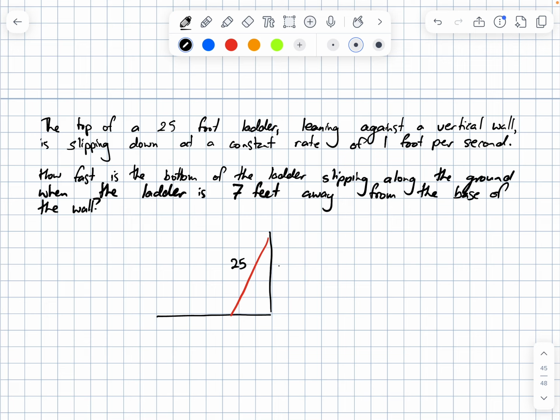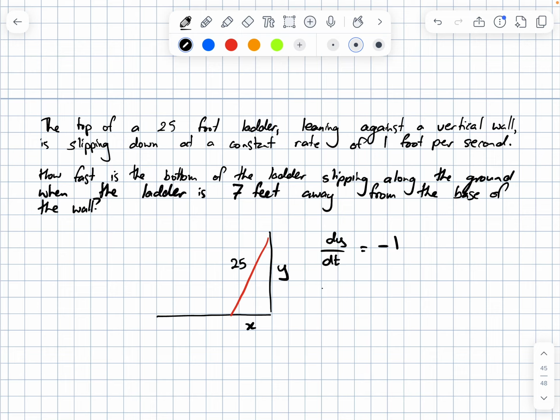And we don't know how tall it is, so let's just give that y because it's going up, and on the bottom x because it's going across. We're told that it's slipping down at a constant rate of 1 foot per second, i.e. y is getting smaller at 1 foot per second. Because y is getting smaller, that means that we're told that dy dt is -1. Negative because it's getting smaller.